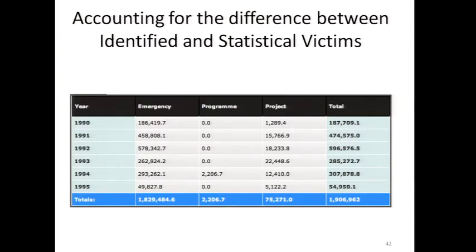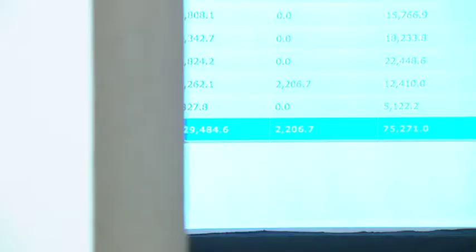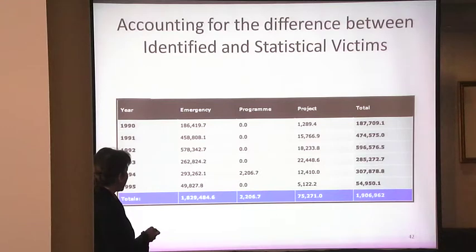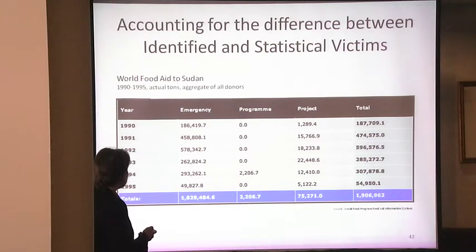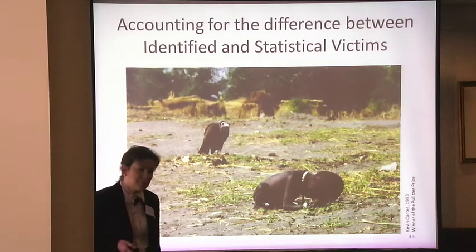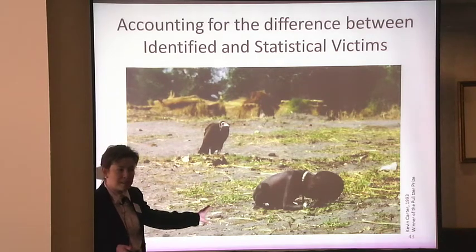Okay, so here's a slide that is very much like some of the slides we've seen. This is the number of people dying in different parts of Africa. And then we contrast that with this. I should say there will be a few pictures that are quite disturbing.